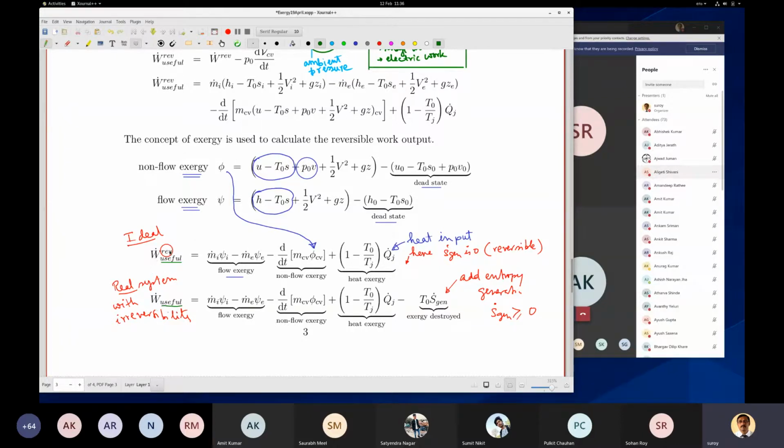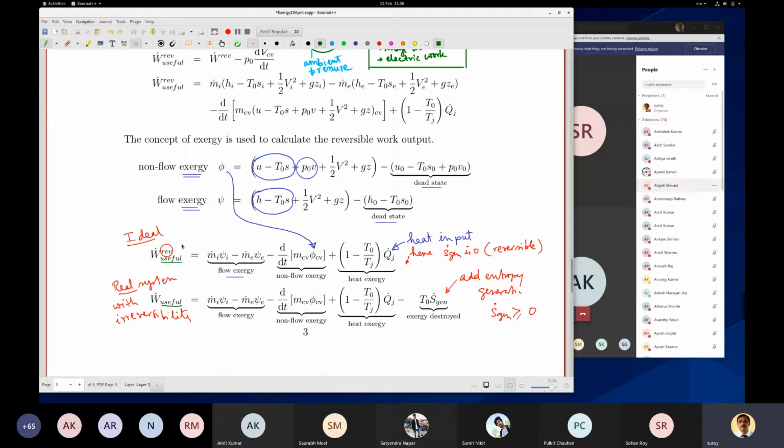If you are able to get useful work fully, it's 100% efficient. But when you do thermodynamic analysis by the first law, there is no concept of 100% efficiency because we know heat cannot be converted fully to work. Right? This I have told many times, but I want to tell it again so that it goes into your head.